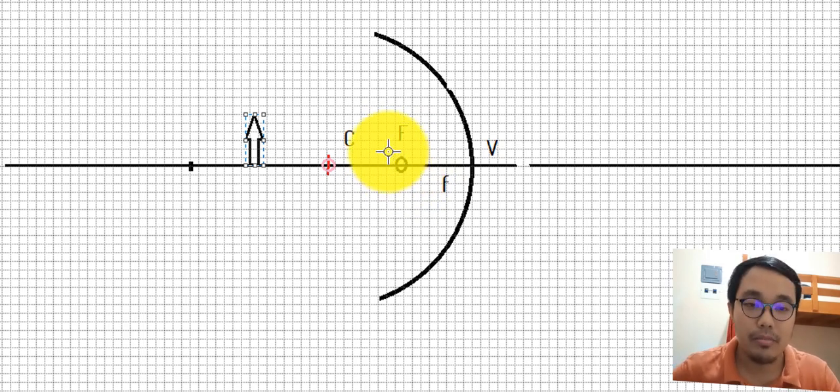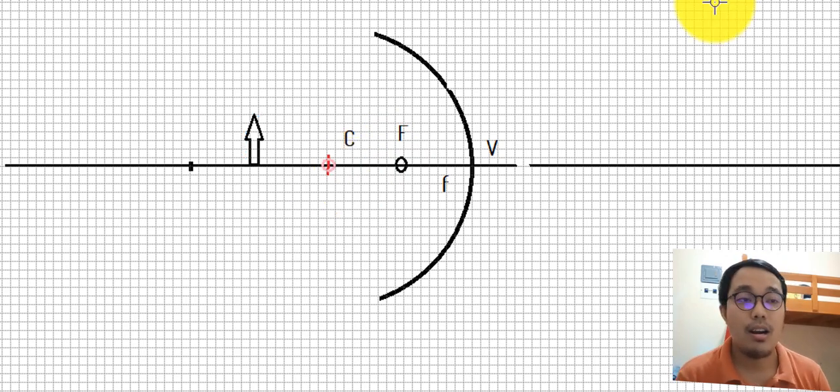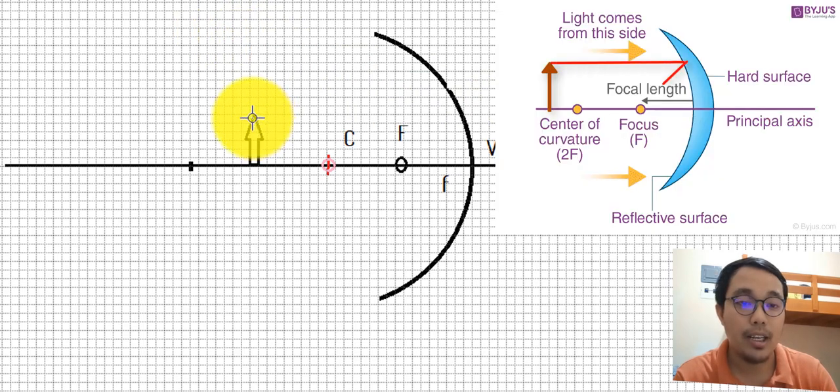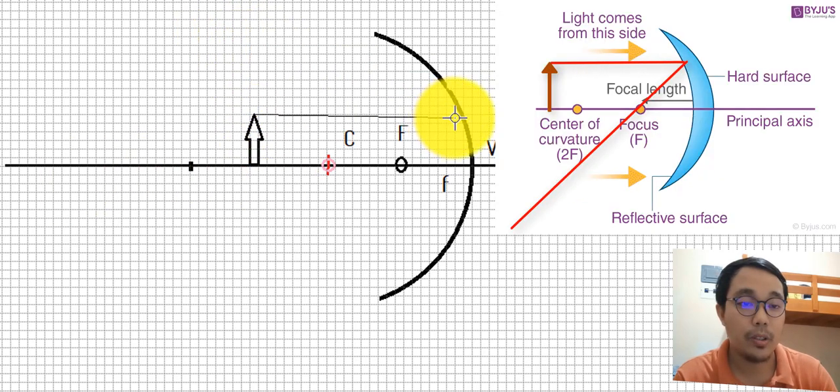Sometimes our image inverses. There are unlimited number of rays that we can trace from the object. Actually, just 2 rays will be enough. Just for the purpose of demonstration, I will show 3 rays. The ray parallel to the axis going to the mirror.